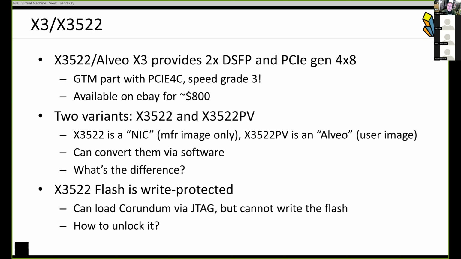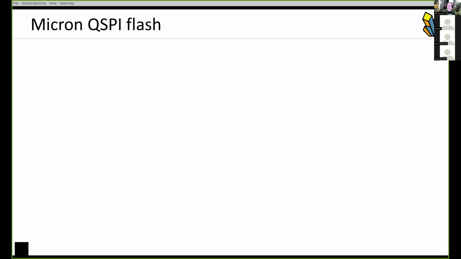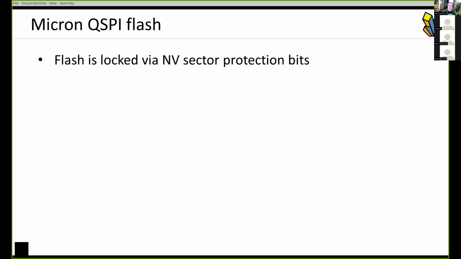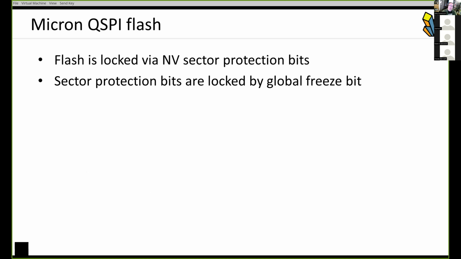The first thing to understand is how the flash is locked in the first place. The flash has internal protection mechanisms, and it's locked via non-volatile sector protection bits. Those bits are then locked by something called the global freeze bit, and there are a couple of OTP registers that affect how the global freeze bit works. Out of the box, when you have a new part, the global freeze bit is not locked by default.